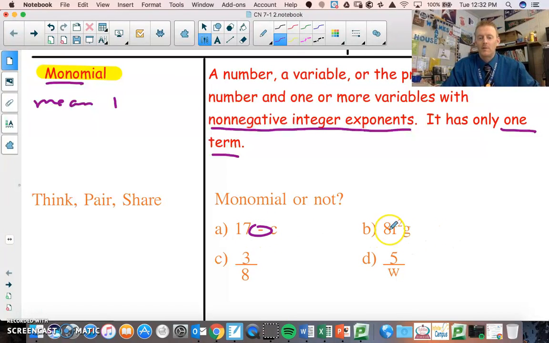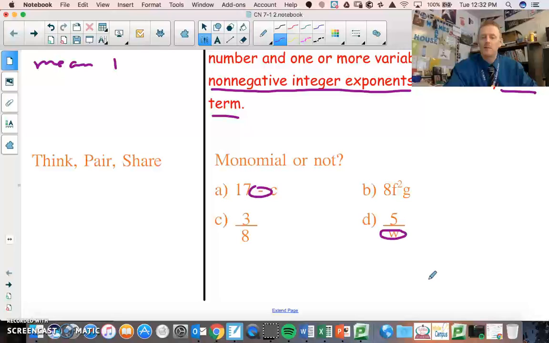B is a monomial because it's a combination of constants and variables that are all being multiplied together, and they are to a positive exponent. 3/8 is also a monomial, and then letter D is not a monomial because we have that dividing by a W at the bottom.